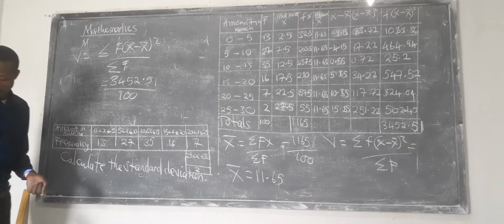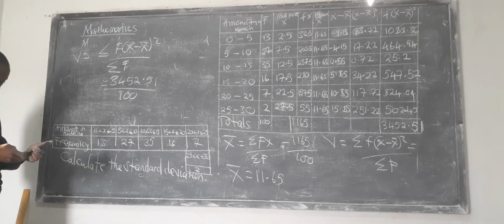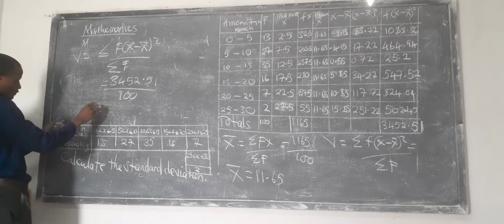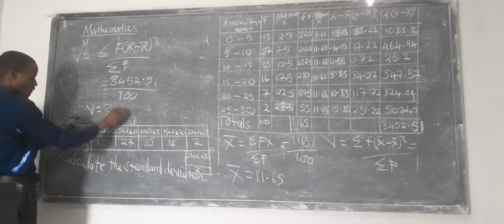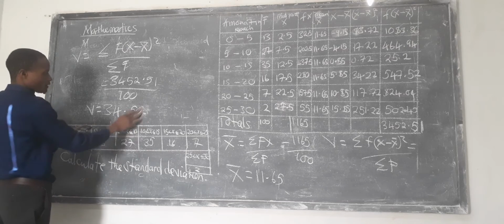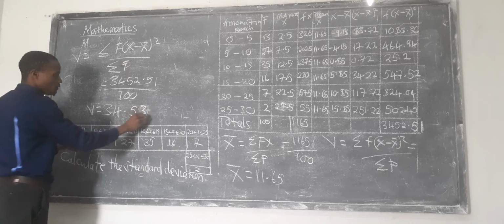Dividing that answer by 100, we get 34.525. So variance is equal to 34.53, rounded off.